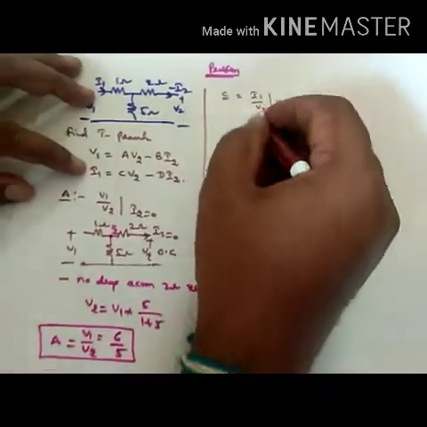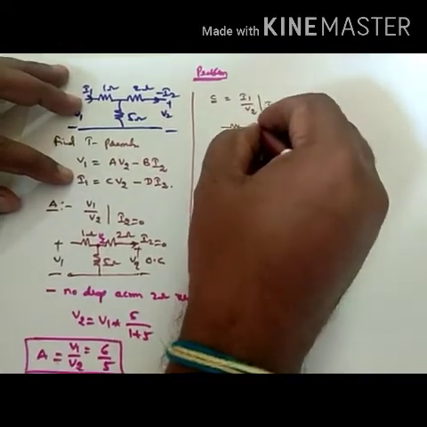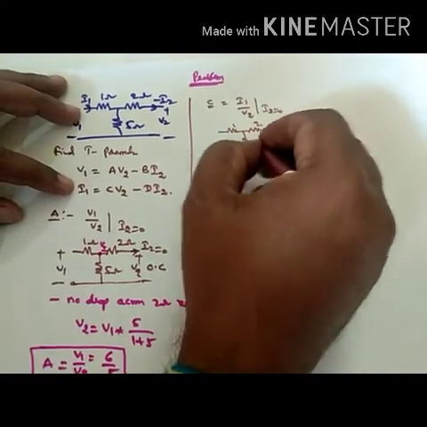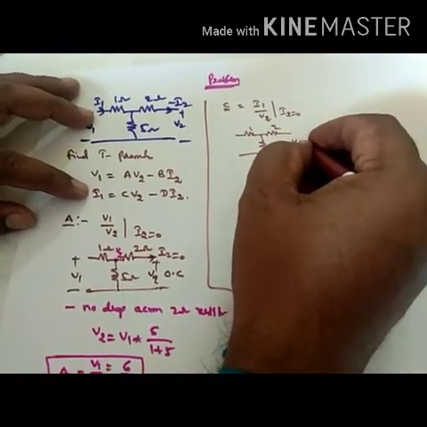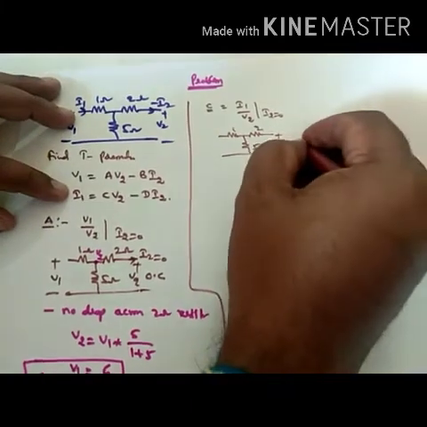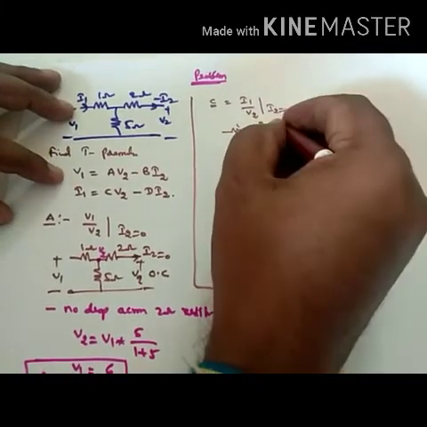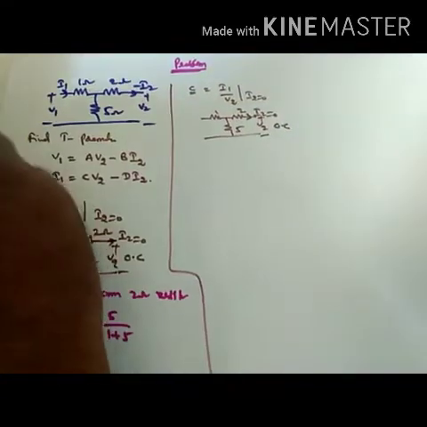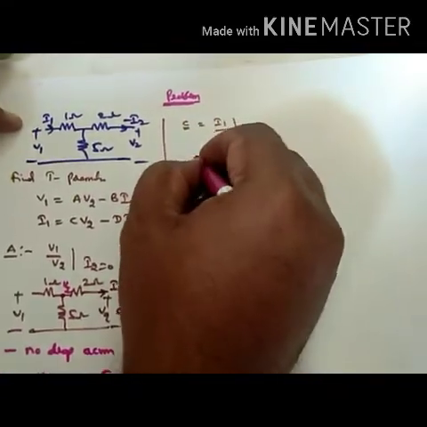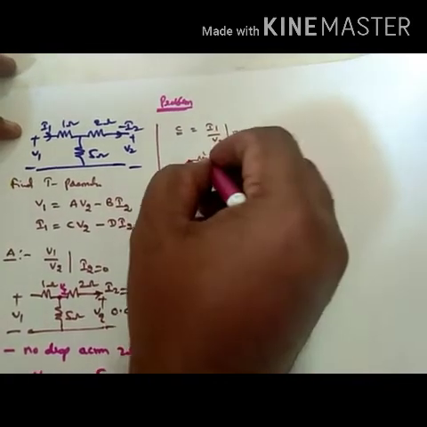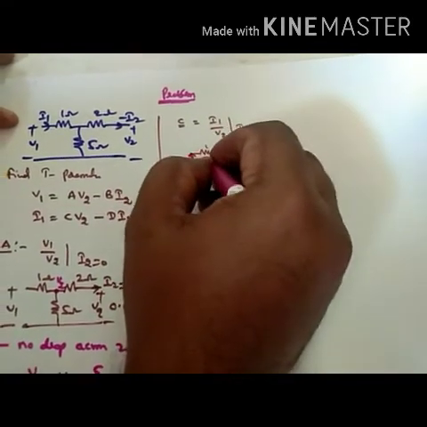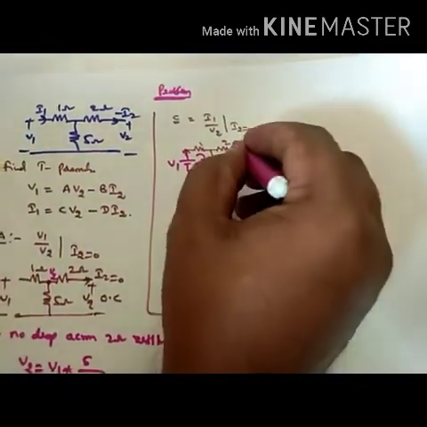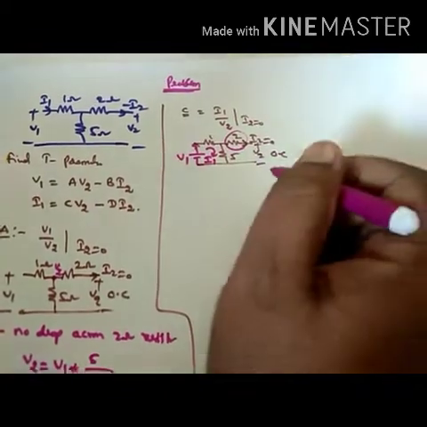Consider the same network, 1, 2, and 5, with V2 open circuit because I2 is equal to 0. Here it is V1, and the current flowing in this loop is I1. There is no drop across the 2 ohm resistor.